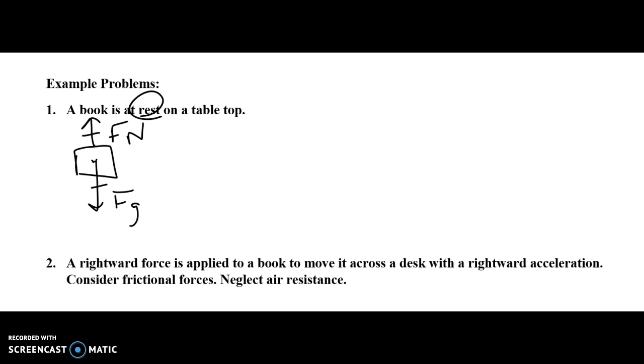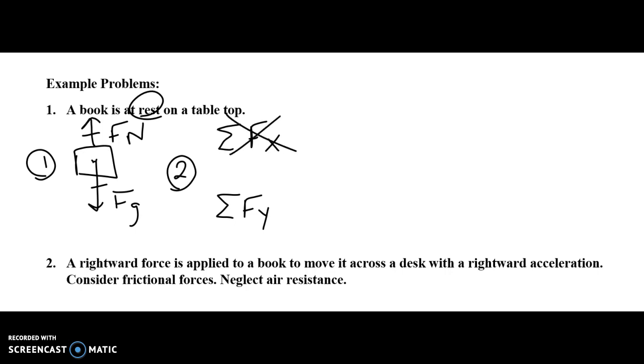Once I've drawn a free body diagram, then I'm going to write a net force equation in both directions. So my free body diagram is step one. Step two is to write the net force equation. There are no forces in the x direction, so I can cross that out. There's no net force in the x direction.